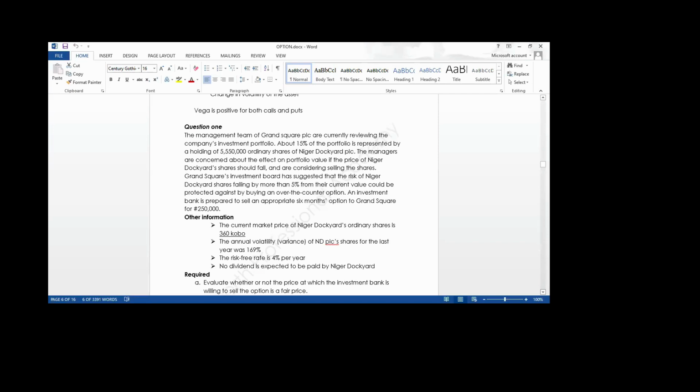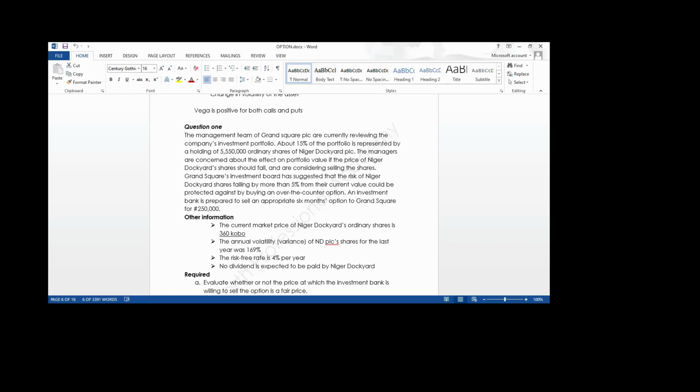Other information. The current market price of Niger Dockyard ordinary share is 360 kobo. The annual volatility (in brackets, variance) of Niger Dockyard PLC shares for the last year was 196%.